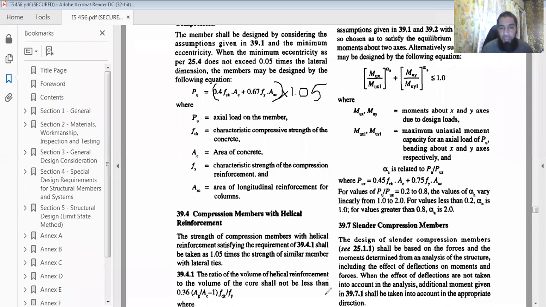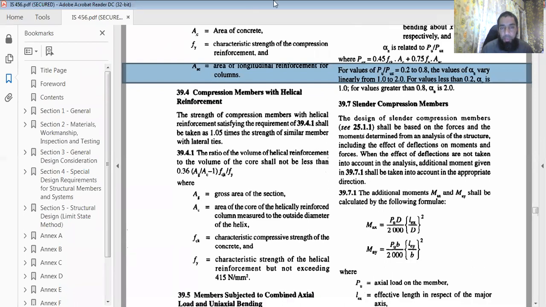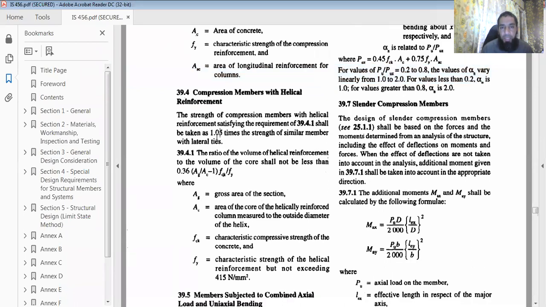This is the formula valid when you have a helical, 1.05 times the strength of the similar member with lateral ties.